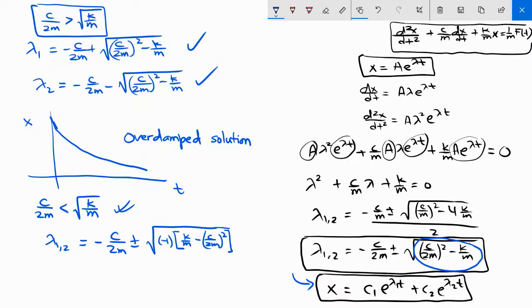Now the square root of minus 1 is the imaginary number i. So this will give us minus c over 2m plus minus i square root of k over m minus (c over 2m) square.